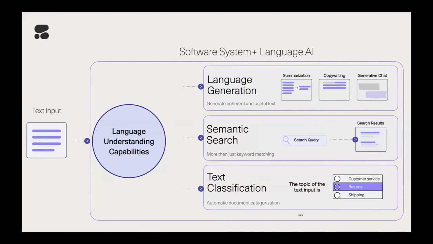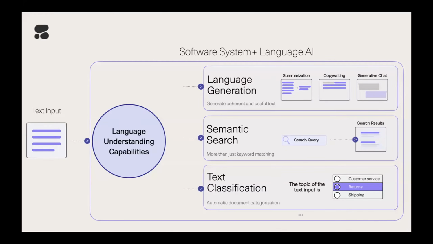But then generation is the application that gets the most focus. The unfortunate name being used now is generative AI. And I will mention in a second why it's a little bit unfortunate. But text generation also has multiple subcategories, where generative chat is only one of them.